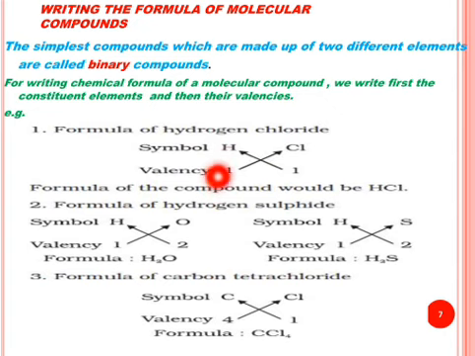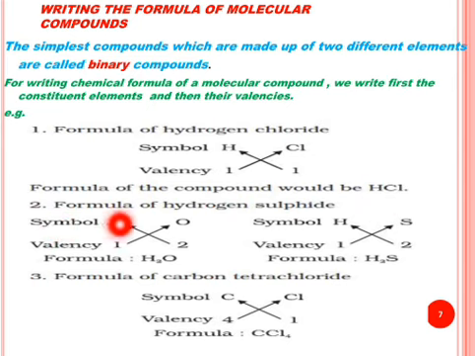Hydrogen has valency one, chlorine has valency one. Now cross over the valency of these two combining atoms. In this way, we get the formula for hydrogen chloride as H1 Cl1. When the subscript is 1, there is no need to write the subscript. We simply write HCl. So the formula for hydrogen chloride is HCl.